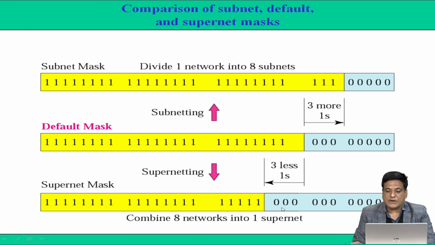So the total number of host bits is 8 plus 3, which is 11. 2 to the power of 11 means 2048 hosts in one supernet, which comprises 8 subnetworks. So we are combining 8 networks into one supernet of 2 to the power 11, meaning 2048 addresses.